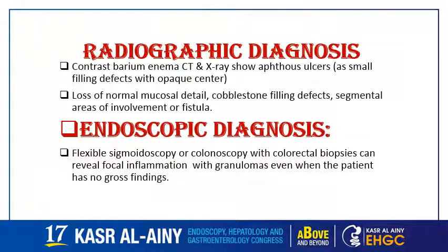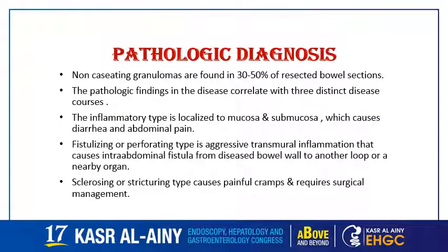By endoscopy, flexible sigmoidoscope or colonoscope with biopsies can reveal focal inflammation with granulomas, even if the patient has no gross findings. Pathologic diagnosis: under the microscope, it shows non-caseating granulomas as rounded collections of inflammatory cells in about 30 to 50% of the resected bowel sections.